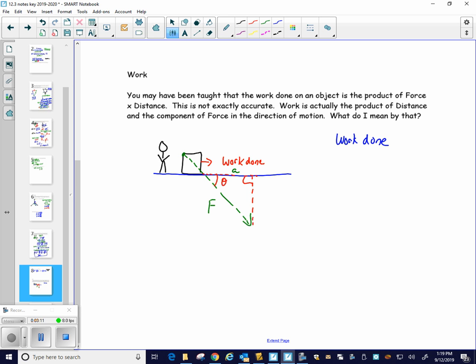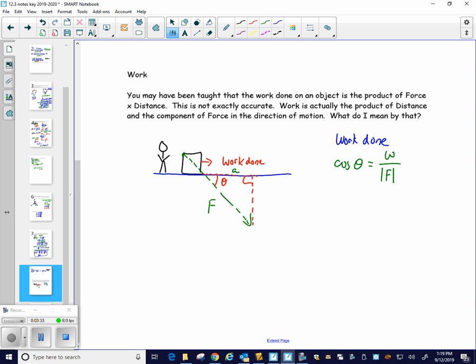So the cosine of the angle in between the work done and the force, well, cosine is adjacent over hypotenuse, so that would be work over the magnitude of the force.